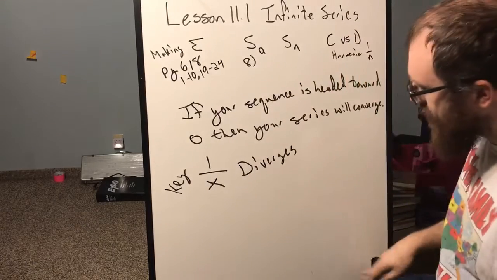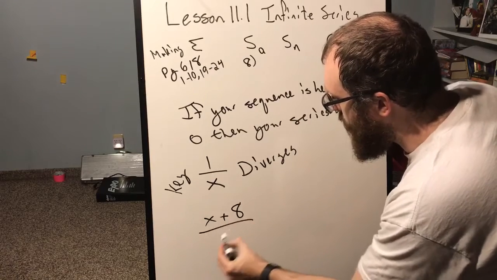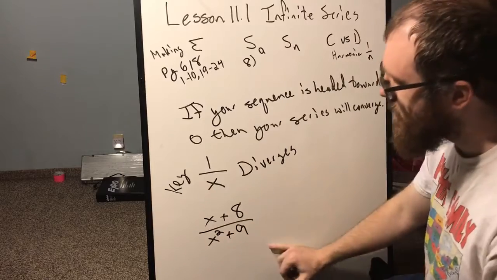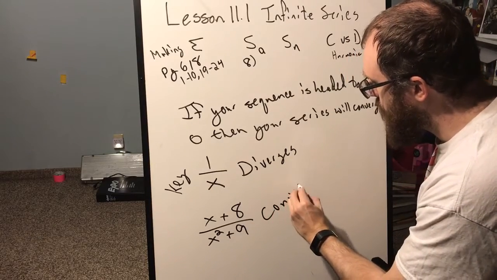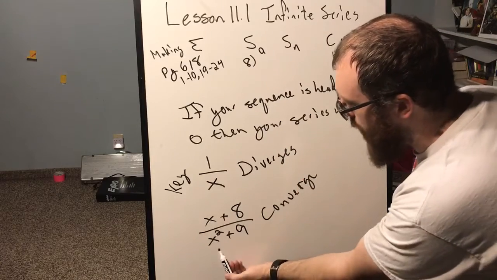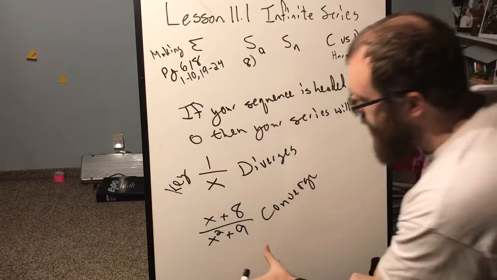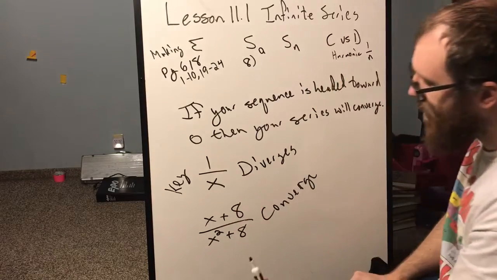So something like this, if I had x plus 8 over x squared plus 9, this would converge because it's 1 power larger plus 1 in the denominator. Now I make this x squared plus 8 down here.